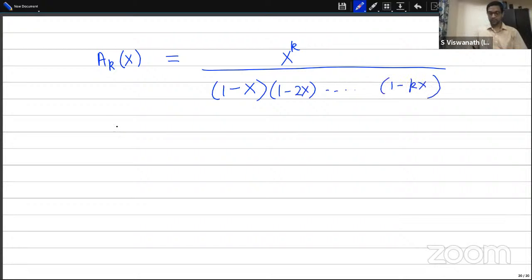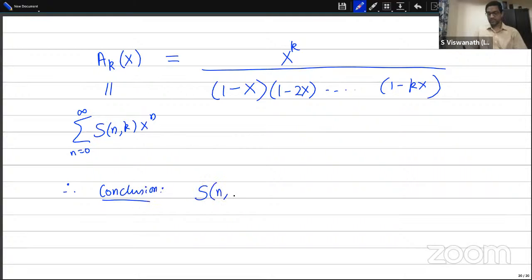And the Stirling number, remember, by definition was just the sum of S(n,k) x^n. Therefore, the final conclusion is that the Stirling number S(n,k) is nothing but the coefficient of x^n in this answer, whatever this looks like.